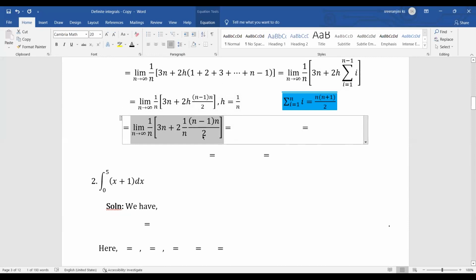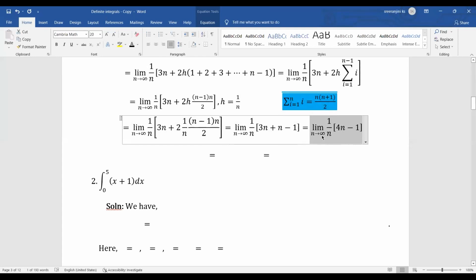This 2 and 2 will get cancelled, n and n will get cancelled. So what remains is limit n tends to infinity, 1 by n, 3n, then n minus 1. Then 3n plus n is 4n, so 4n minus 1.